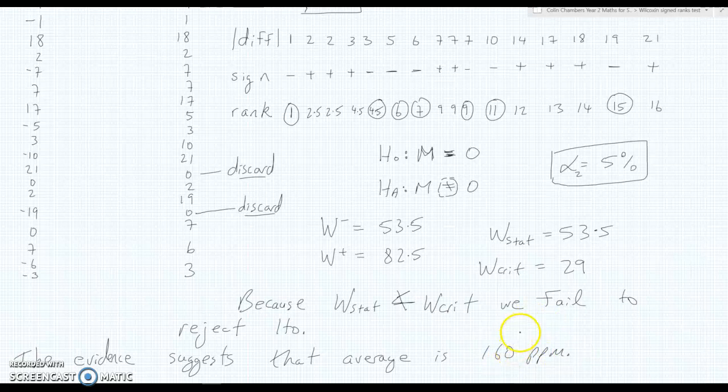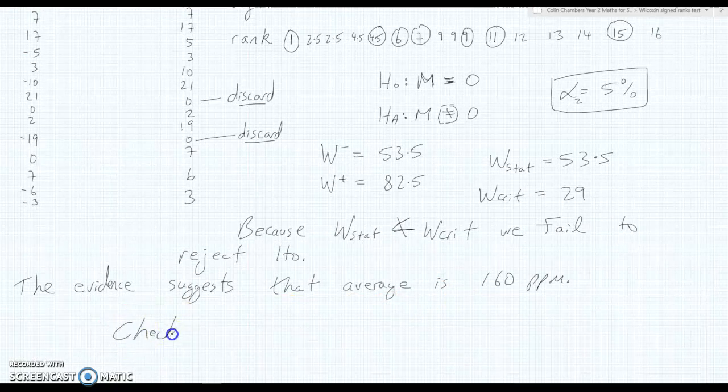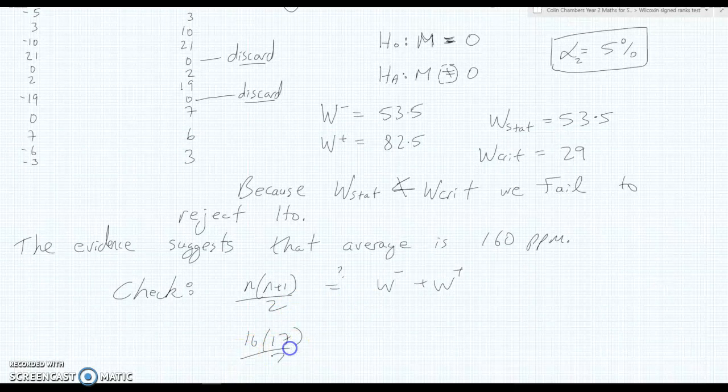Right, that's 12.5 minutes done. So I have 2.5 minutes left on this. We can check as well. This is something that's optional. You can check by using this formula: n times n plus 1 over 2. Does that equal the sum of our W's, W minus and W plus? Now n is 16, so you're going to have 16 times 17 over 2.